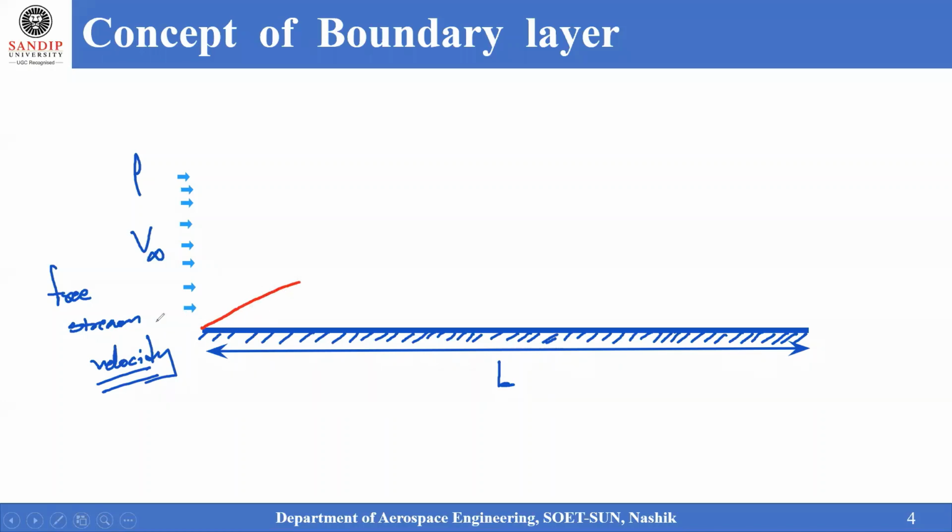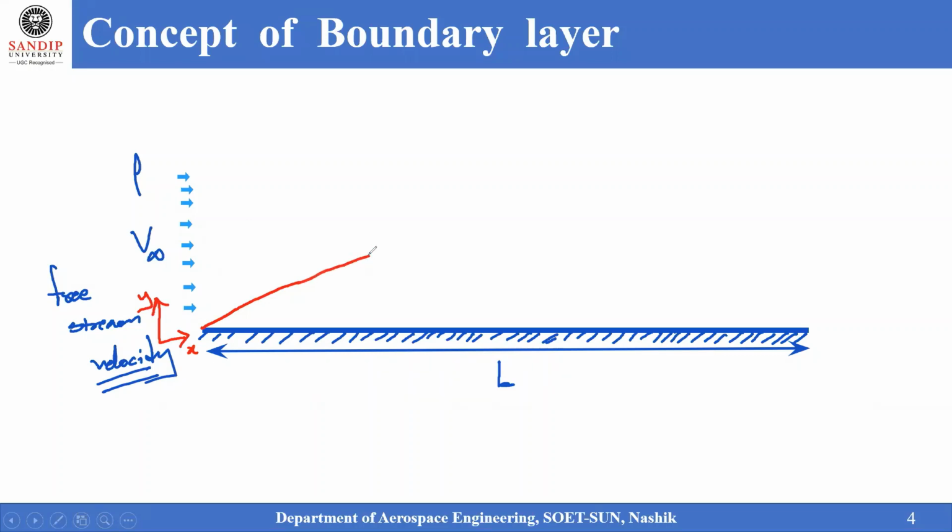Let me take it on the x and y axes. Along the x direction, at the point where it has hit, the velocity went to zero, and slowly the velocity increments along this direction, continuing to increase up to a certain length.